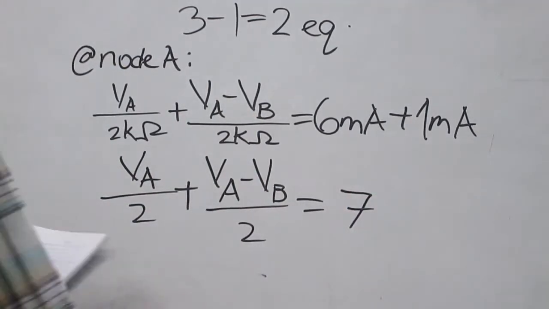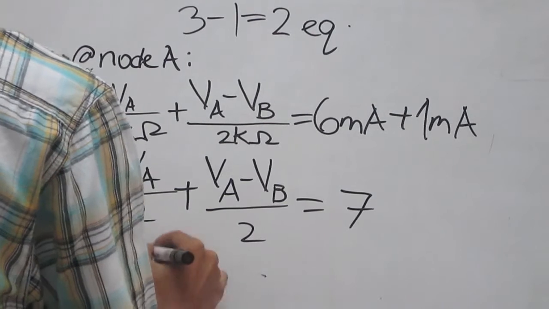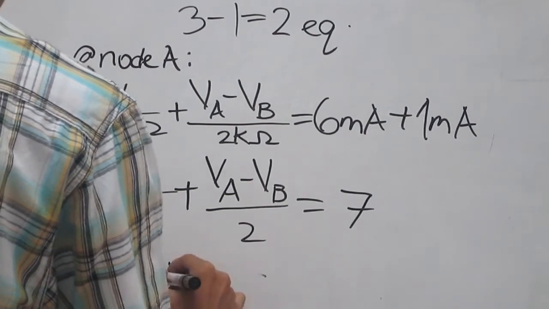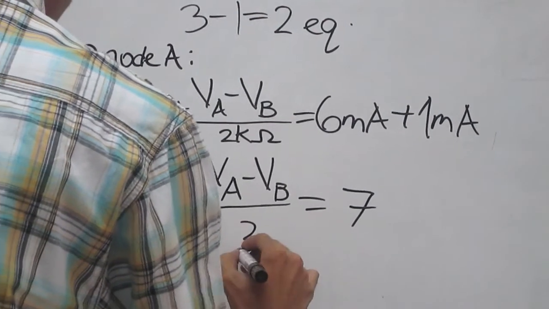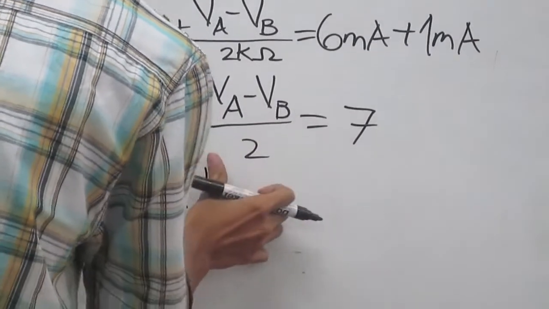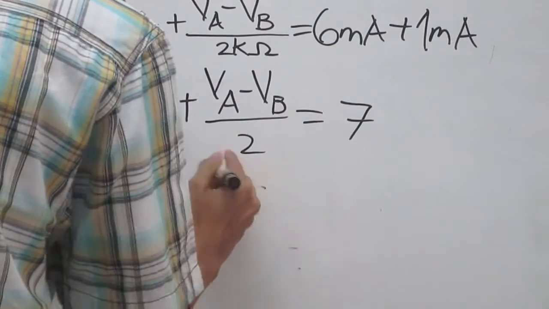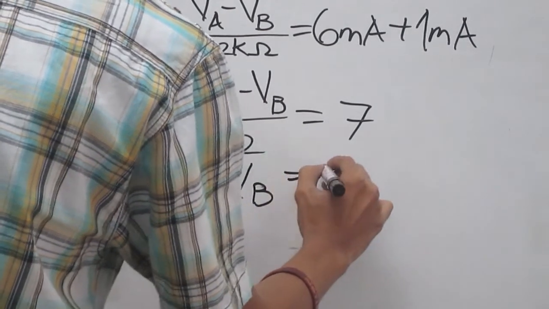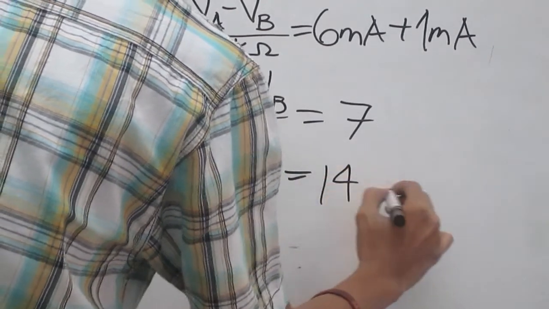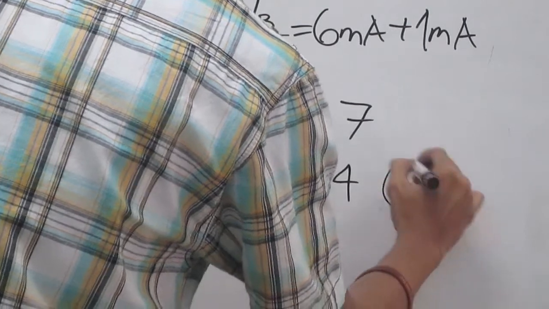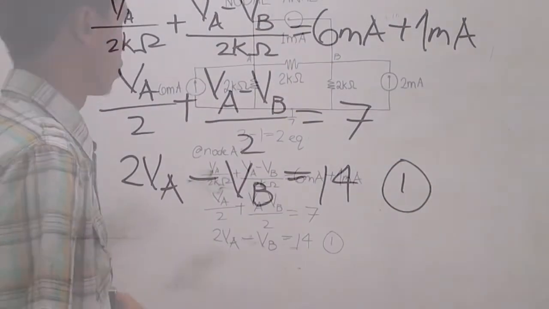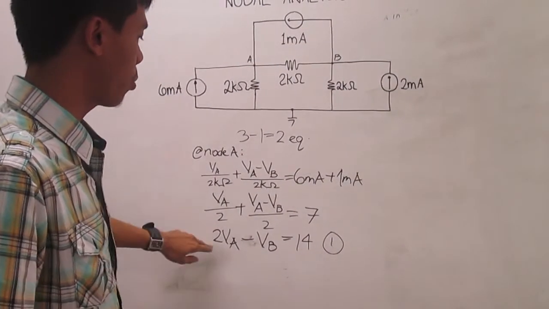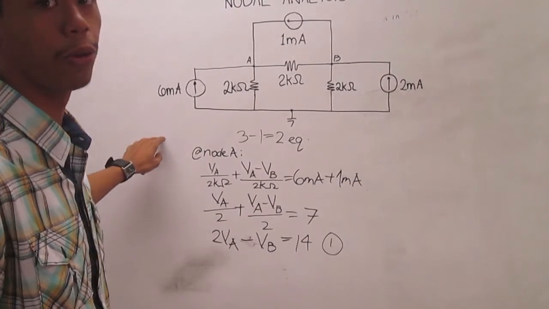Then further simplifying it, we get 2VA minus VB equal to 14. And this will be our equation 1. By nodal analysis, this is the equation that we formed at node A.